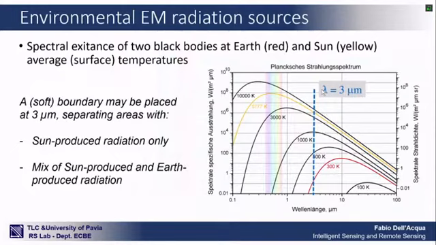If you operate a sensor in this area, it generally means that you are trying to estimate the temperature of the observed object rather than its chemical composition. You may remember in COVID times, in every place you had these thermal cameras.